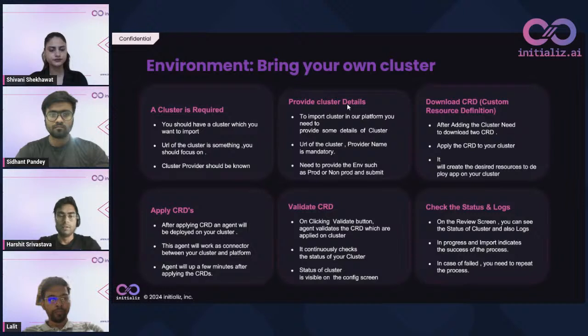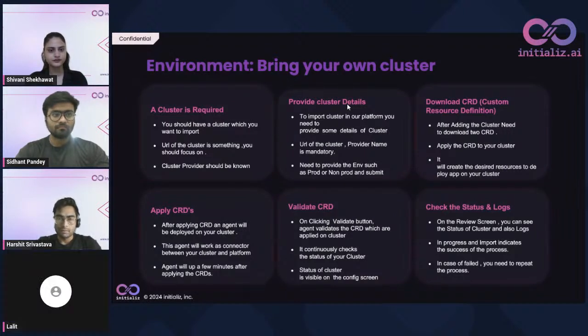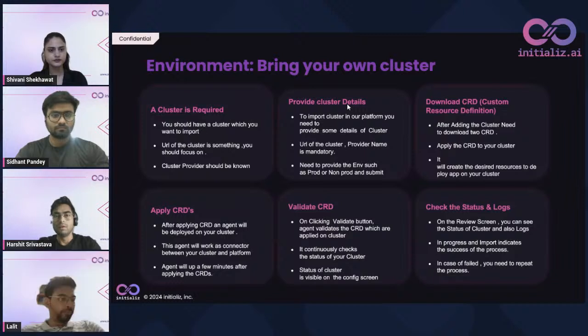So let's deep dive into the part where we are providing functionality for bring your own clusters. We have divided it into six small steps so that you can easily understand it. The most important part is the cluster. There should be a cluster that a user has so that he can import it on our platform. For a brief introduction of how the cluster is created, there should be a provider like Azure or AWS, and there you can use their Kubernetes service.